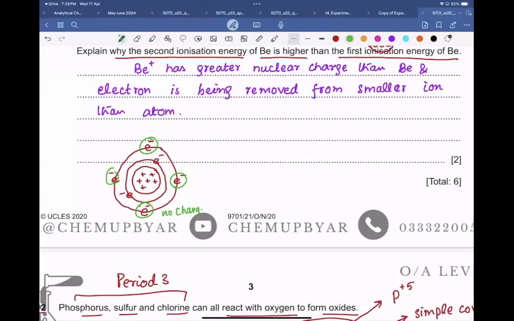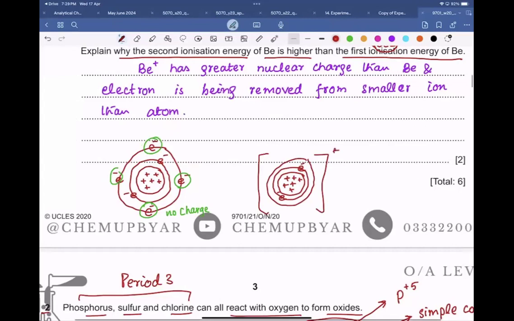Because the electrons and the protons are equal. So when we look into this one, here we got again 6 protons. Now we have 2 electrons over here, and 1 electron is released from over here, which makes it a cation.